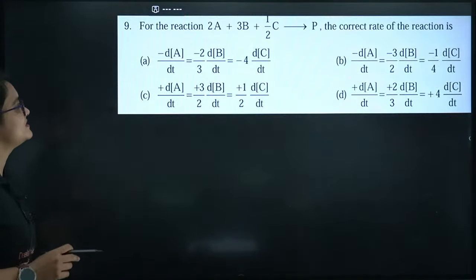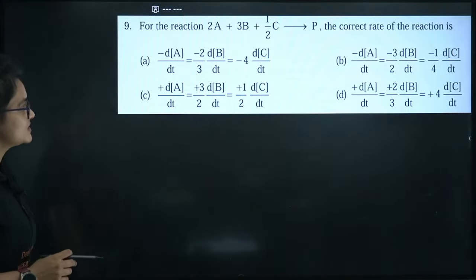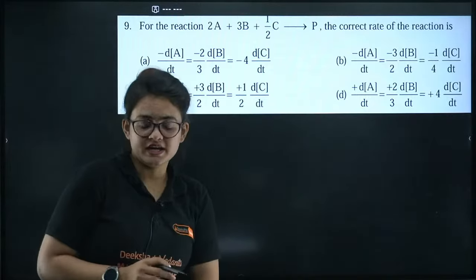Here you can see a question: 2A plus 3B plus half C gives product. What is the correct rate of the reaction?